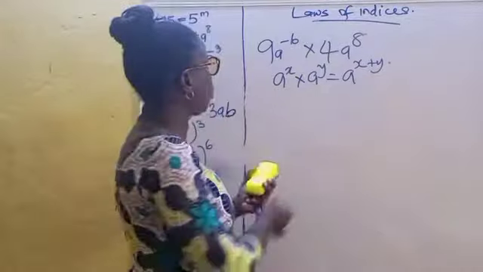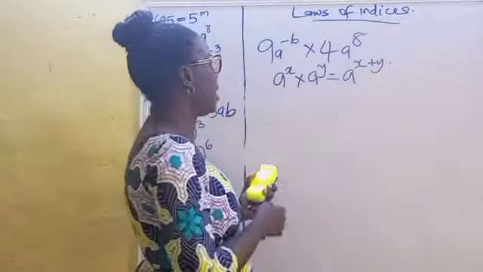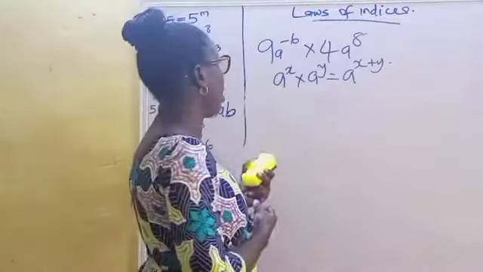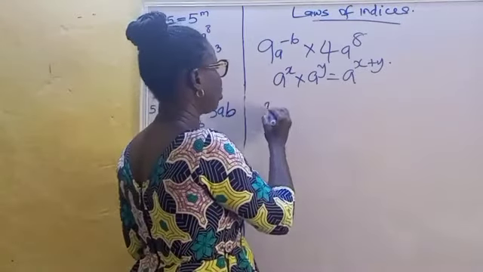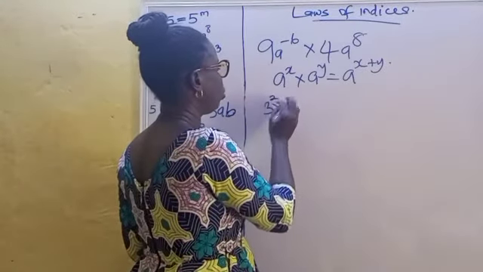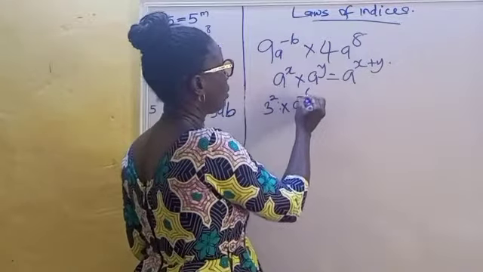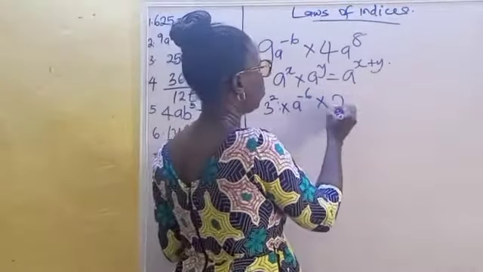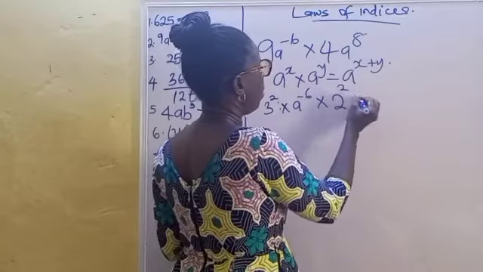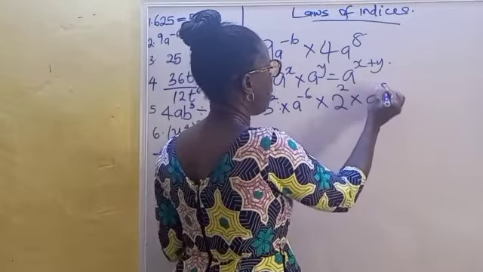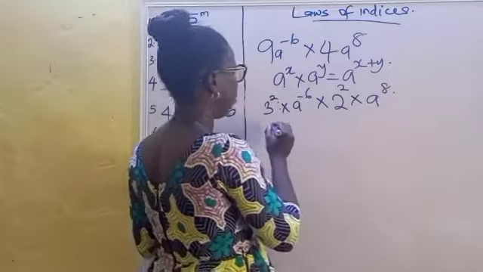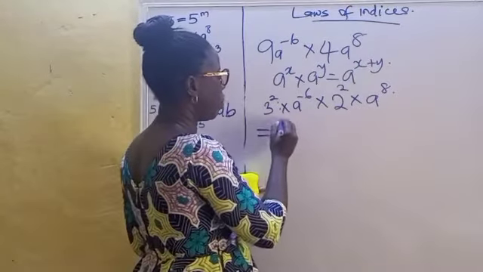We can write 9 in index notation as 3 raised to the power of 2, multiplied by a to the power of minus 6, times 2 to the power of 2 multiplied by a to the power of 8.